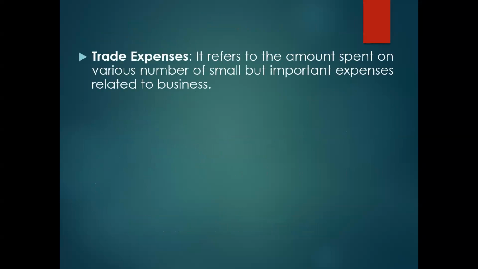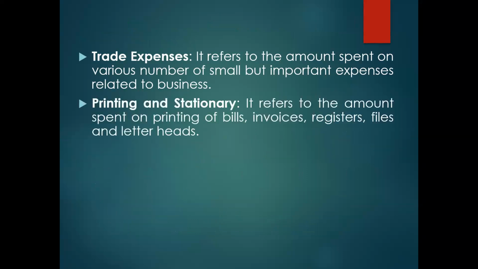And you have trade expenses, which is everything related to trade, that is, all the transactions related only to the goods being interchanged between the company and the buyers. Those are trade expenses, mentioned on the debit side.